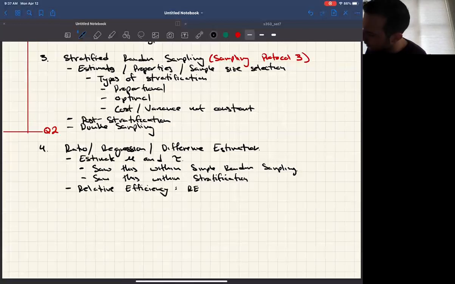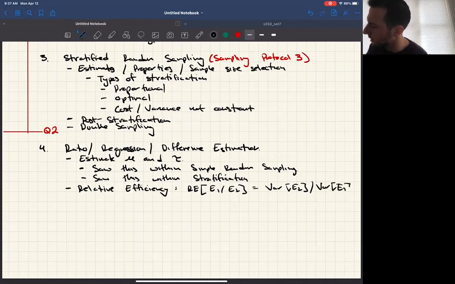So in general, the relative efficiency of E1 to E2 is equal to the variance of E2 divided by the variance of E1, right? So that's the general formula, and it changes depending on what estimators you're comparing.